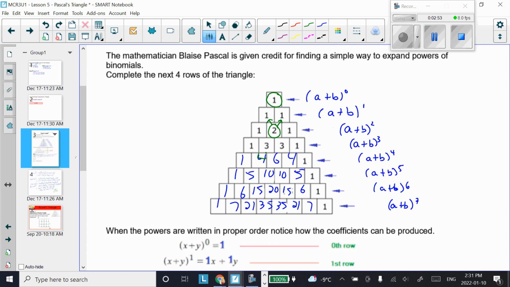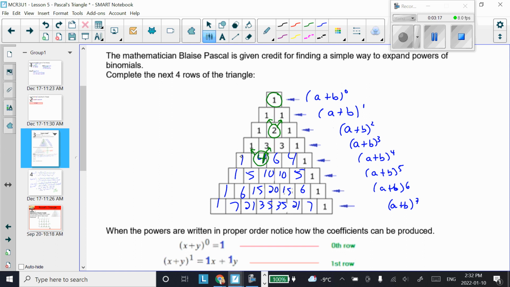This 4 comes from adding 1 plus 3, these numbers together, and so on. So when we follow that pattern, we can come up with Pascal's Triangle. And we can use this triangle to expand binomials or other polynomials really quickly.